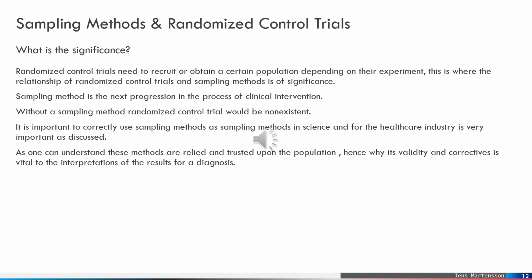Without a sampling method, randomized controlled trials would be non-existent. It is important to correctly use sampling methods, as sampling methods in science and for the healthcare industry is very important, as discussed. As one can understand, these methods are relied and trusted upon by the population, hence why its validity and correctness is vital to the interpretation of the results for a diagnosis.